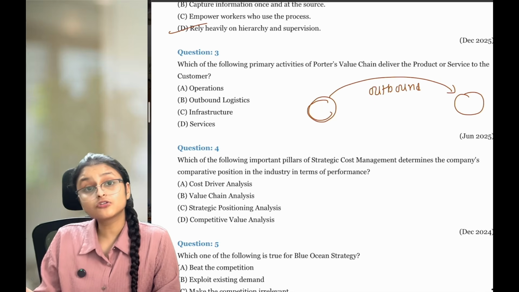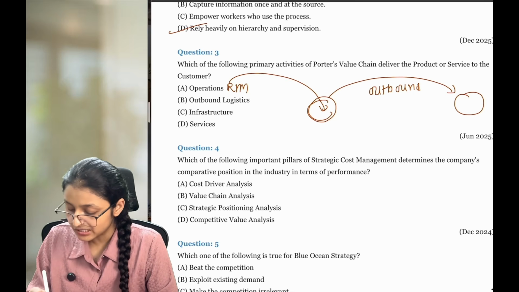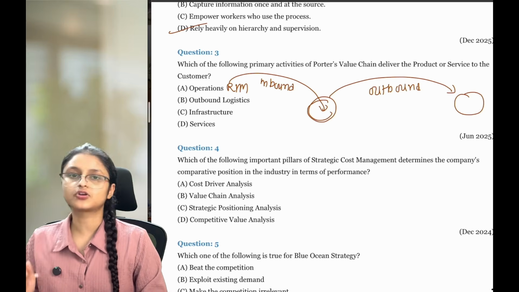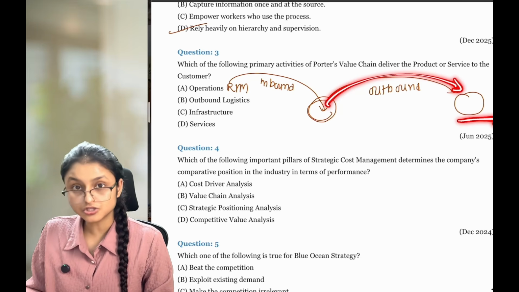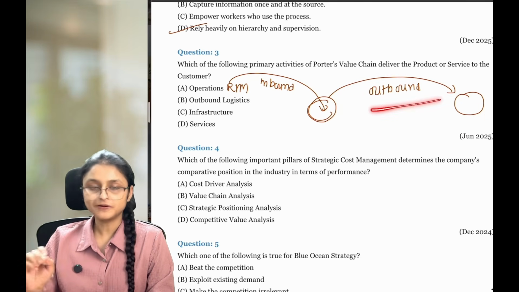What is inbound logistics? When you are taking the raw material from the supplier to your factory, that is inbound logistics, where you are taking something inside your organization. But when you take your final product from the organization to outside, to the customer, that is taking it outside, hence outbound logistics. Okay?